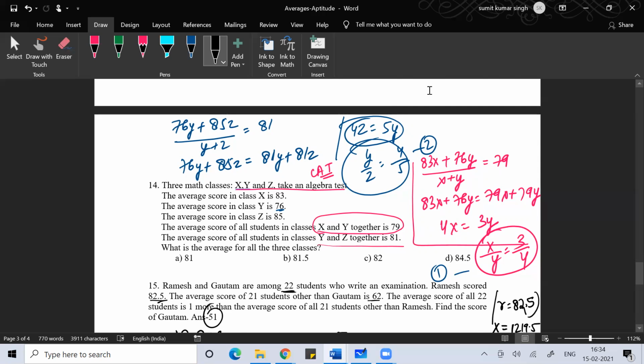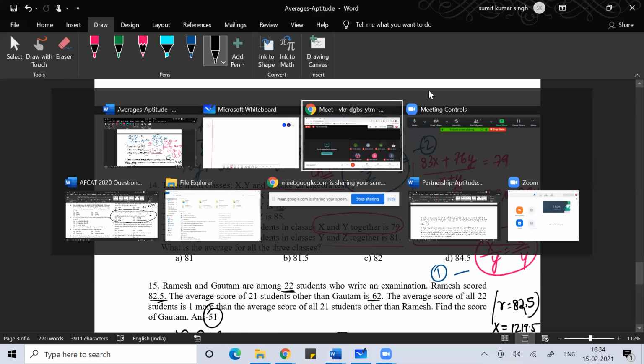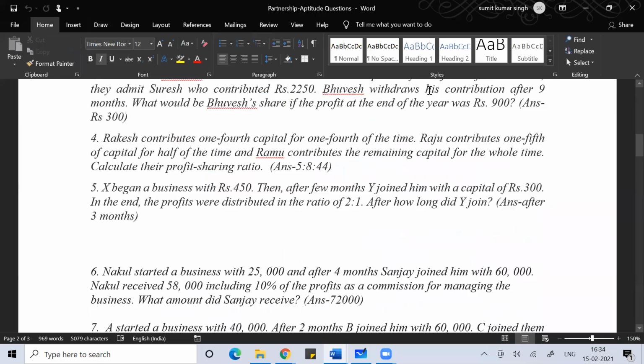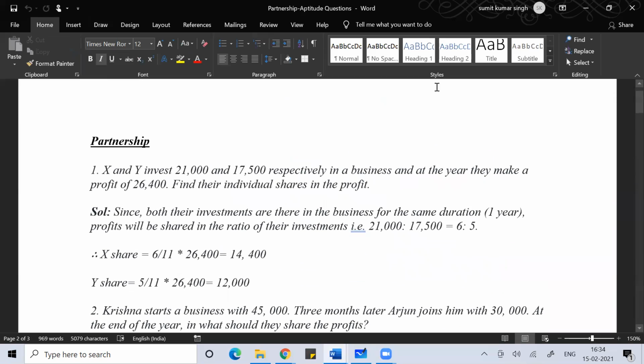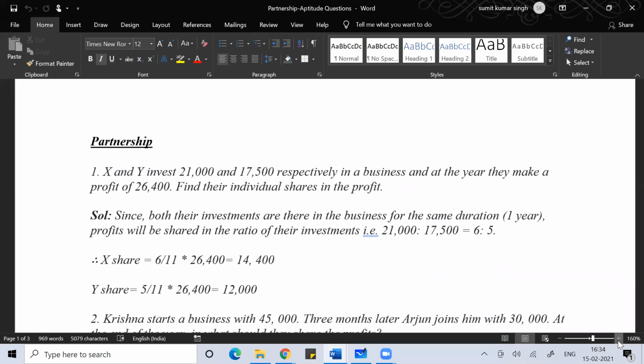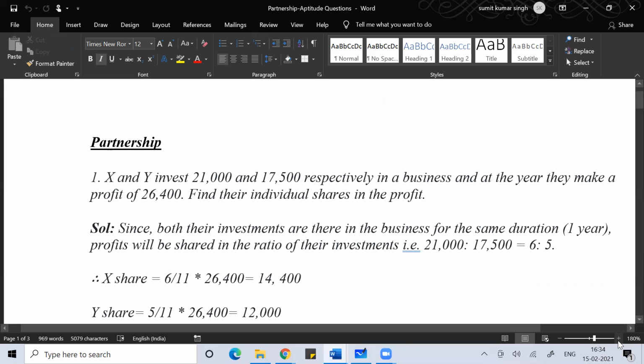Now the next concept we'll work through is partnership. When we talk about partnership, partnership is an application of ratio and proportion where we talk about sharing of profit. This profit sharing will be done in the ratio of their investment.